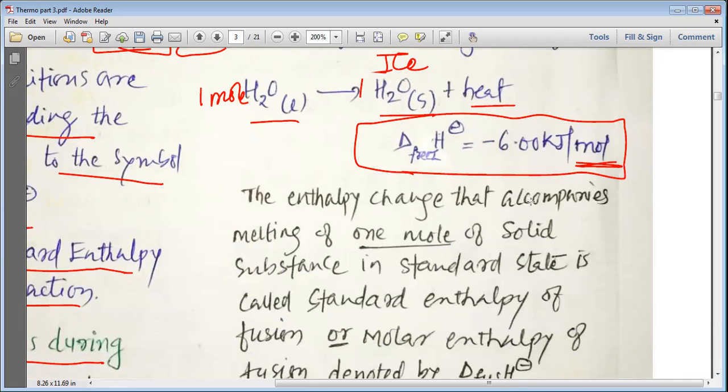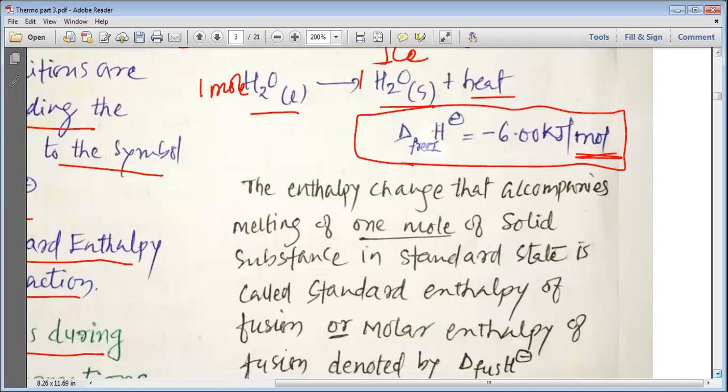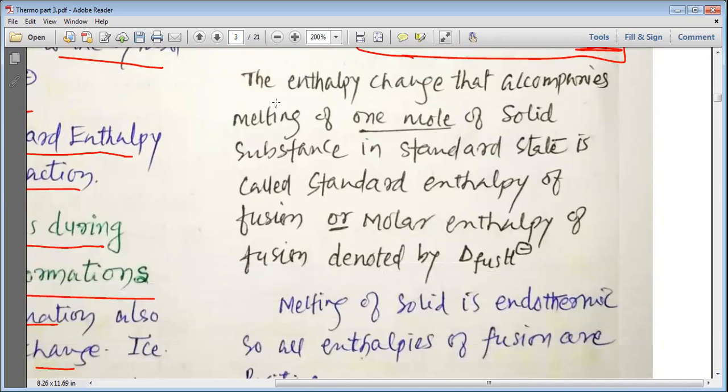The enthalpy change that accompanies melting 1 mole of solid. Now we are going to study the definition. The enthalpy change that accompanies melting 1 mole of solid substance in the standard state is called the standard enthalpy of fusion or molar enthalpy of fusion, that is denoted by delta fusion H bar. So this is how we understand the definition of enthalpy of fusion.